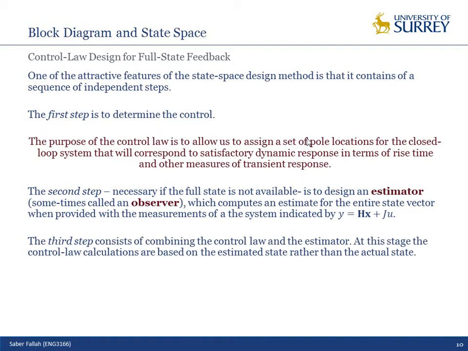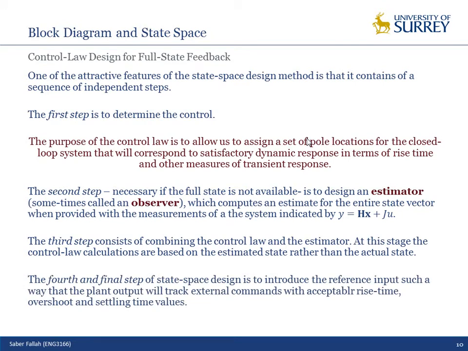The last part is to design a controller in the case that we have a reference tracking system, such that we have accurate reference tracking. Again, I won't talk about these 3 steps in this lecture. If you take the mechatronic module, I will teach these steps. But for this module, I will focus on the first part, just the control law design.